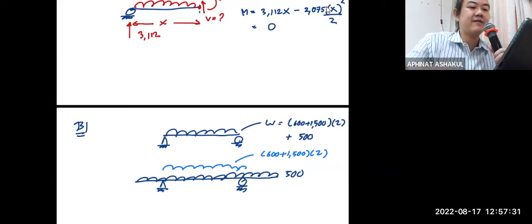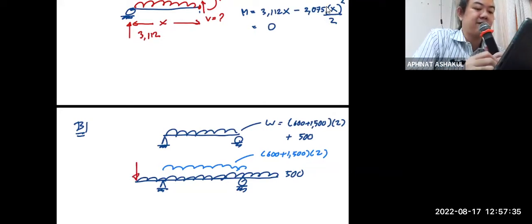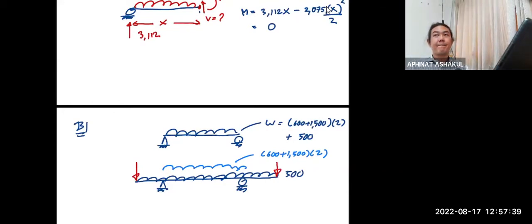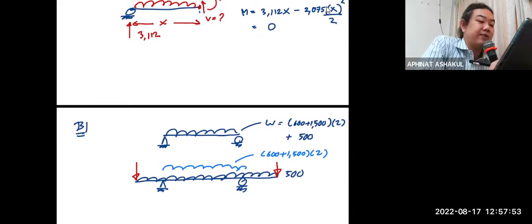And don't forget that we need to also place the reaction from B2 here. And that's going to be 3112, right?